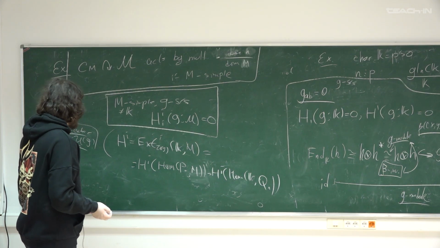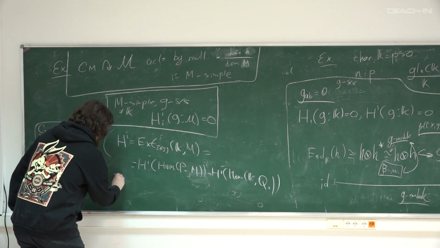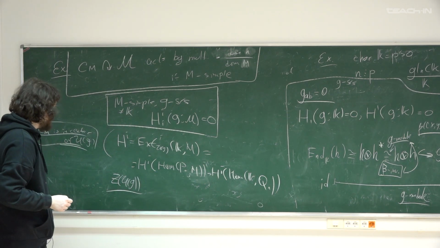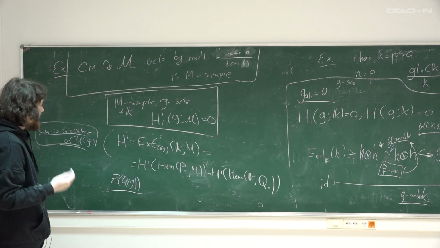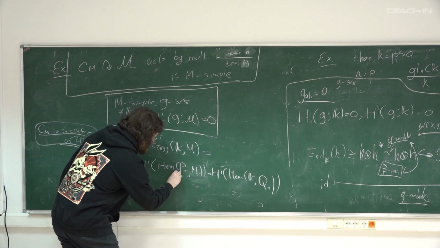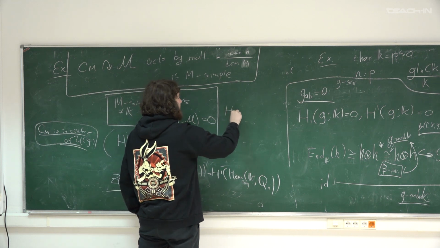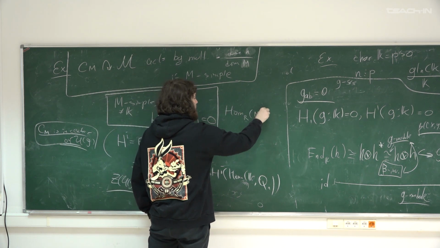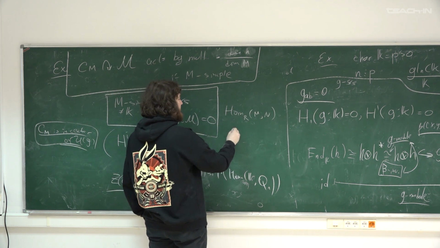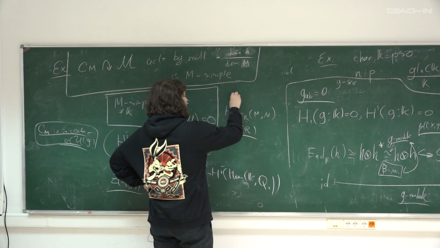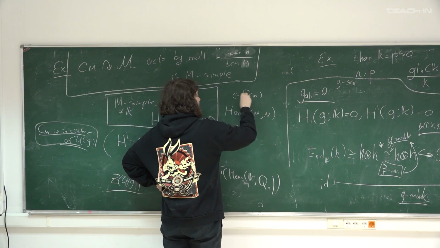Now let me note that the center of UG is some commutative algebra. If it's UG modules, of course, over a non-commutative ring, Hom over R is not an R module, but it's always a module over the center. You can always multiply by central elements.